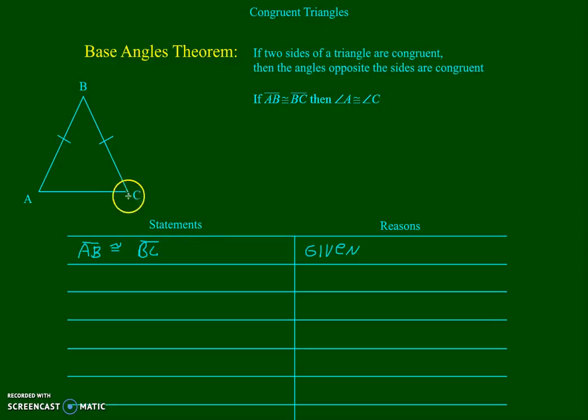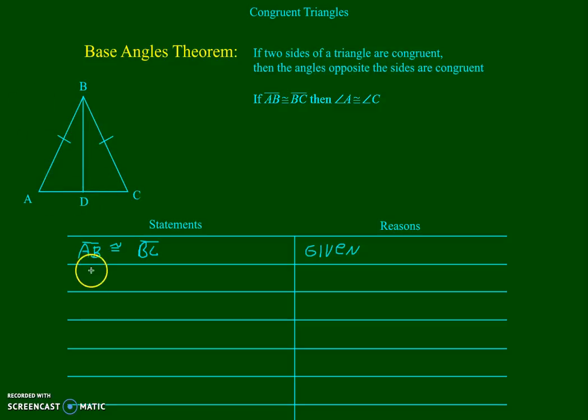So here I pulled up our proof table and I've written in the given information. Now what I'm going to do to be able to prove this is add some information with an auxiliary line. I'm going to draw a segment from the vertex to the midpoint of AC. And we're going to call that point D. So now with this auxiliary line, let's get started in writing our proof down.